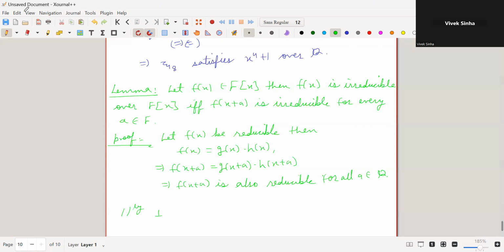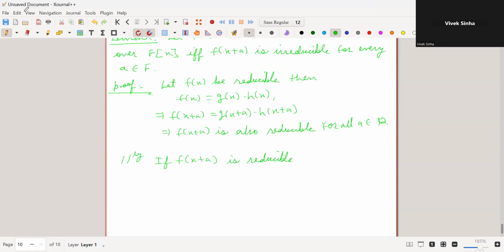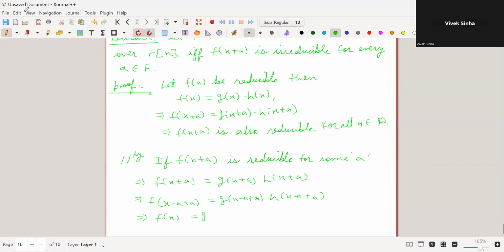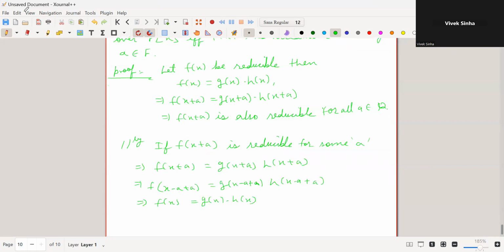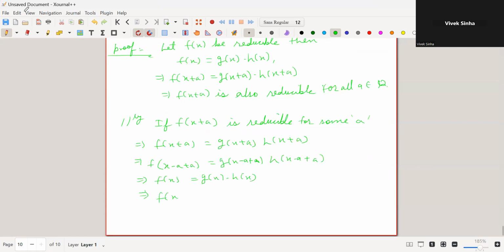Conversely, if f(x plus a) is reducible for some a, this will imply that f(x plus a) is g(x plus a) h(x plus a), and you can just replace x by x minus a, and this will imply that f(x) equals g(x) times h(x), and thus f(x) is reducible.